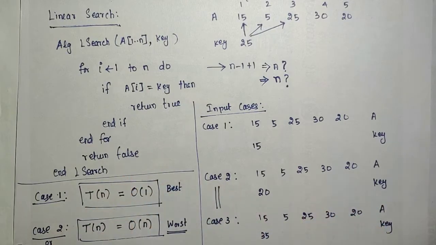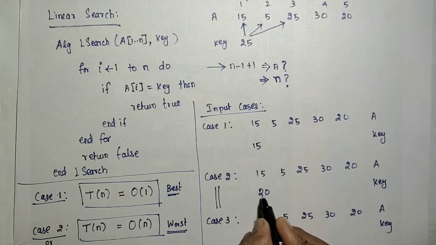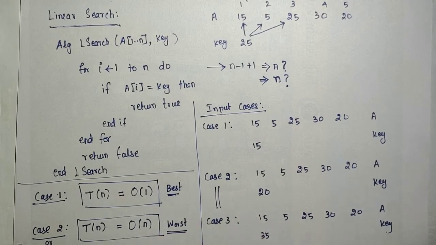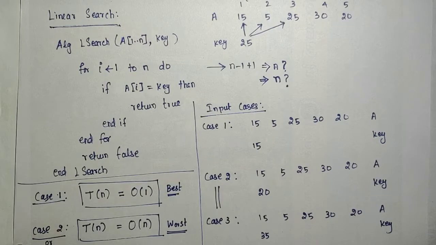I need to consider all the probabilities. So the average case complexity purely depends on the probability of the input search element. We have to analyze it by considering the probability of that input, but no need to analyze the average case now. Just consider what the best case, the worst case and the average case are.